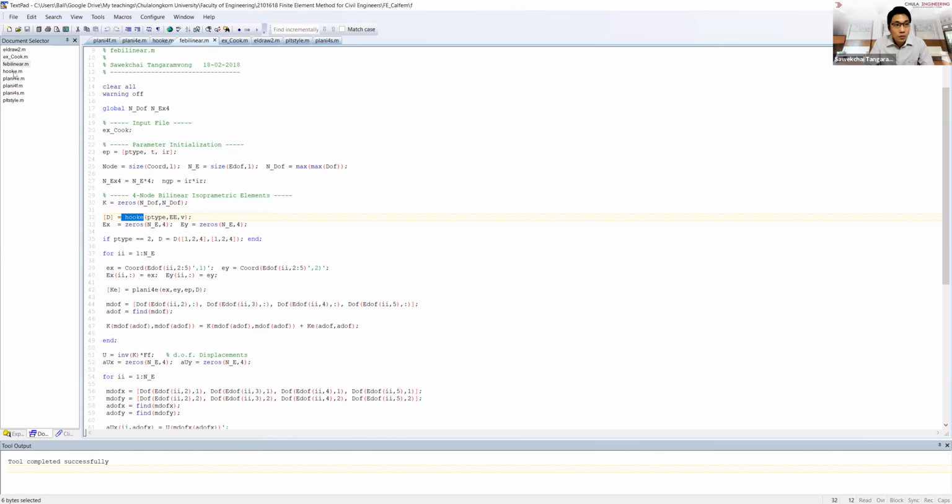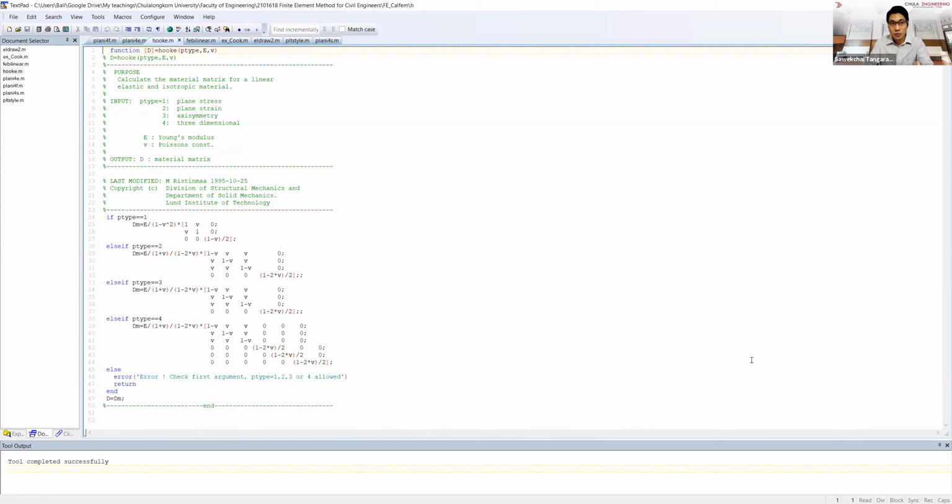You see, this is called the Hooke function. And each of these gives you, at the member level or the element level, the Hooke equation. So if you go for 1, this is the plane stress, and this is the plane strain. You can have the anti-symmetry, you can have the 3-dimensional, which is the full function. But we only use type 1 or 2, right? This is done, so it just brings it back.